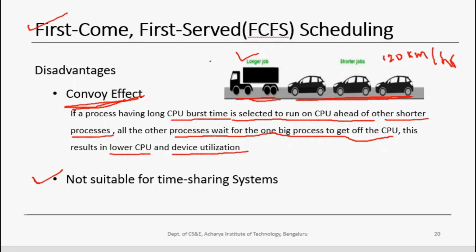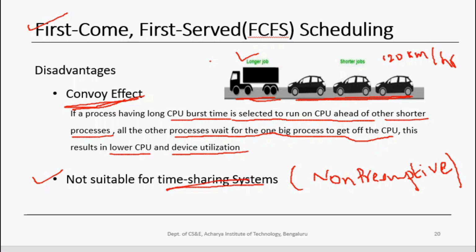Another problem which is associated with FCFS is that it is not suitable for time sharing systems because it is a non-preemptive approach. Therefore, once a process gets the CPU, it will not leave the CPU until it completes its CPU burst.